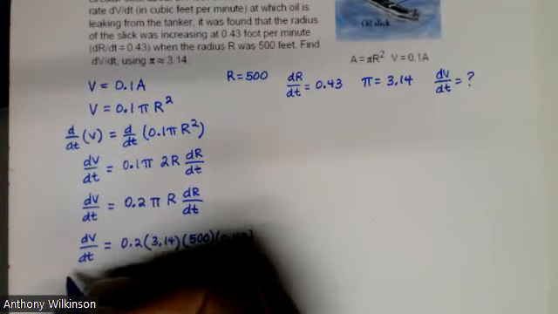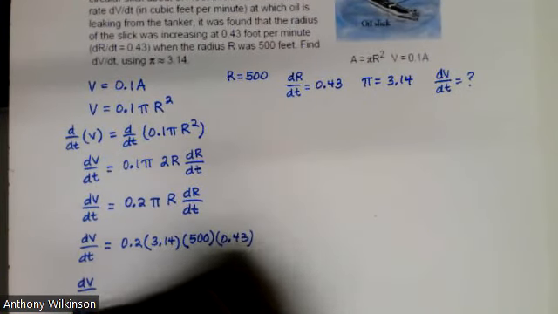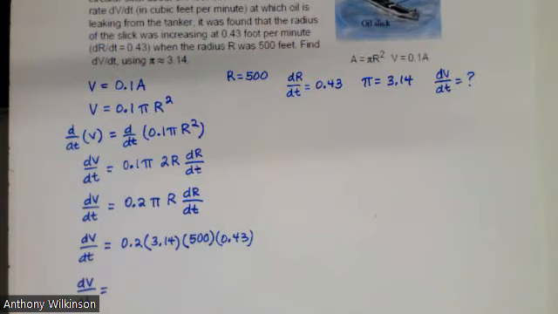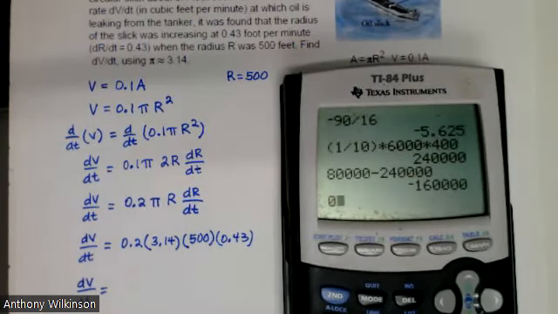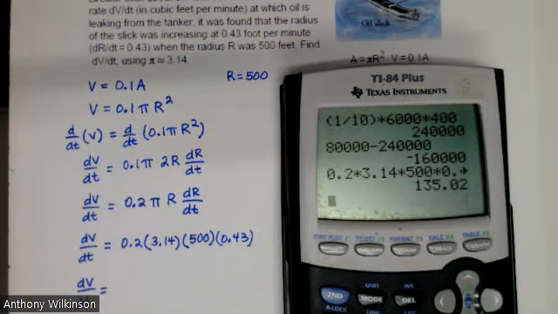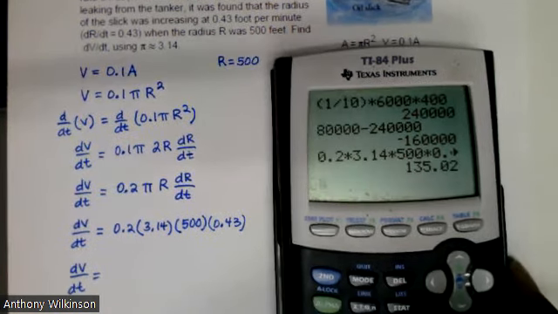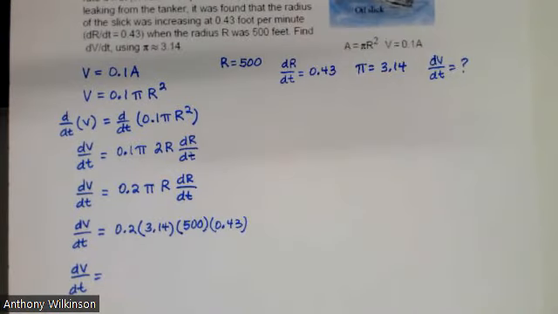So if I do dV/dt, multiply all this out, this will be 0.2 times 3.14 times 500 times 0.43. And if I round that off to the nearest whole number, it would be approximately 135 cubic feet per minute.